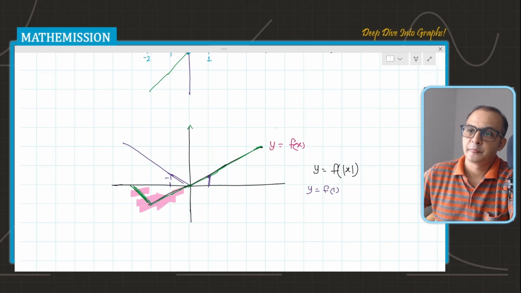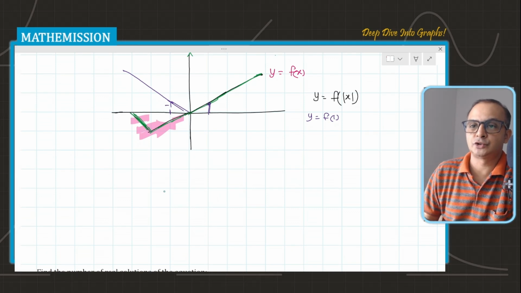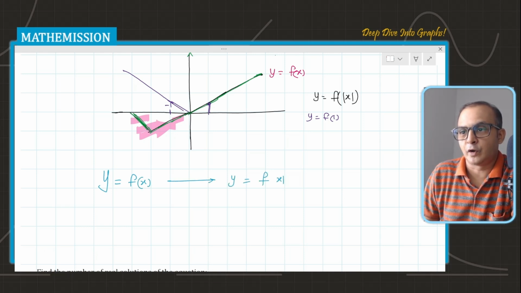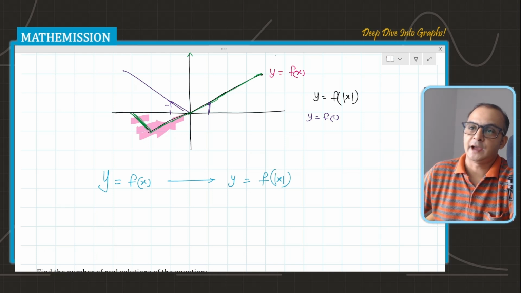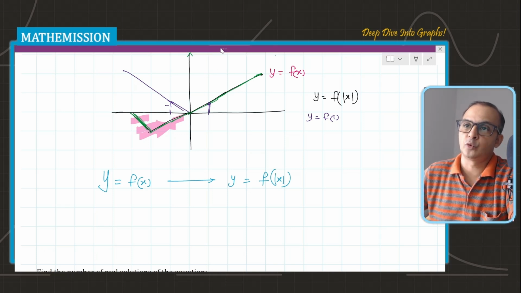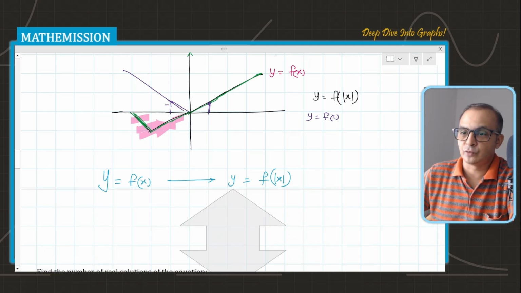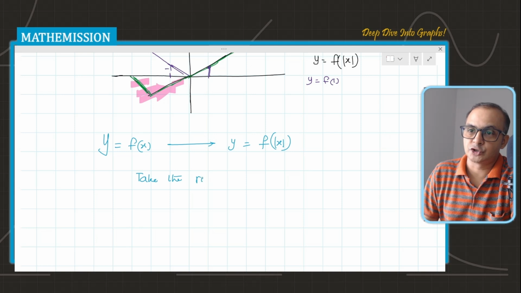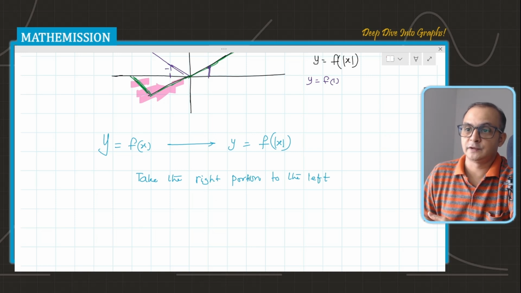So what do you observe there? The observation is, suppose you want to draw the graph of y is equal to f(mod x). What we take? We have to take the reflection of the portion of the graph which is right of the y-axis to the left. Take the right portion to the left, and I'm saying that you don't have to shift it.